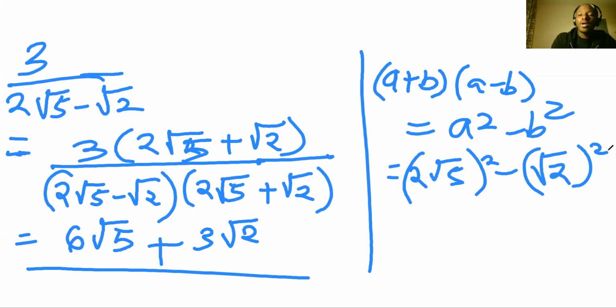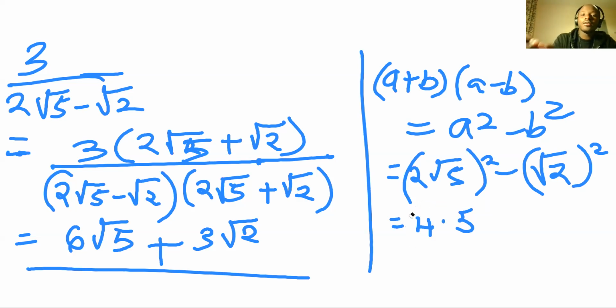So 2 root 5 squared, that is 2 squared which is 4, times root 5 squared. When you square a square root, it loses that sign. So root 5 times root 5 is just 5.